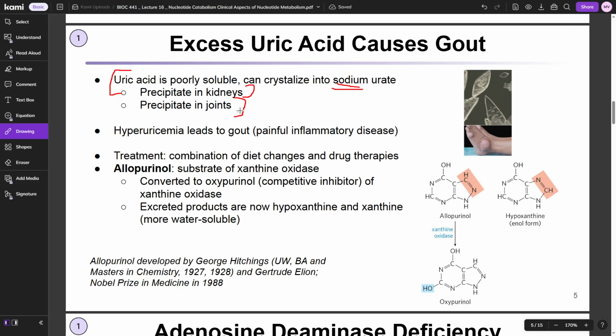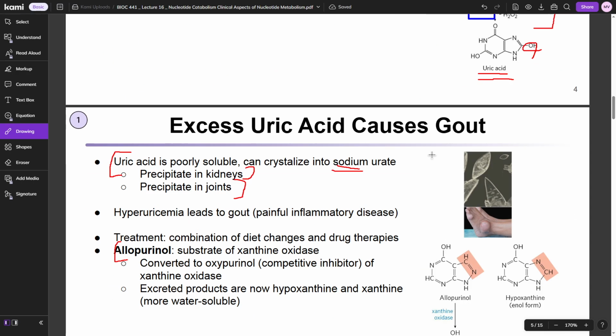The treatment for this is a combination of changing your diet and drug therapies. An example is allopurinol, which is a substrate of xanthine oxidase. Basically, what we're doing is trying to stop the conversion of hypoxanthine into xanthine, and then uric acid.